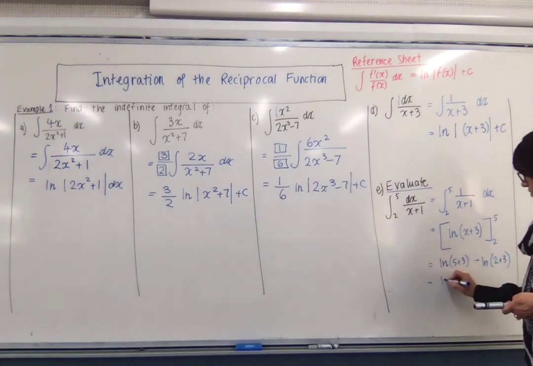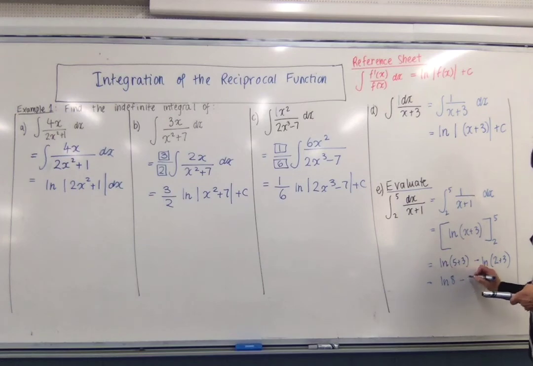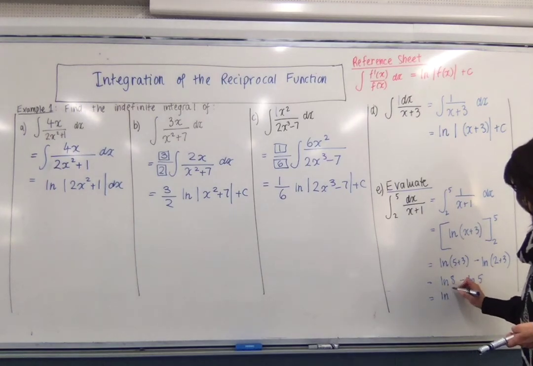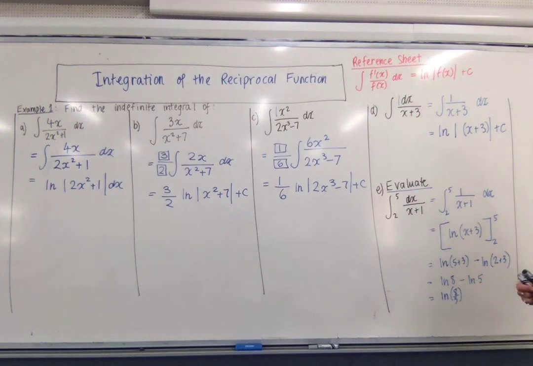So we end up with the natural log of 8 minus the natural log of 5. 5 and 3 is 8, 2 and 3 is 5. Now, because we're subtracting, we could apply our log laws here and rewrite this as the natural log of 8 on 5 as our final answer.